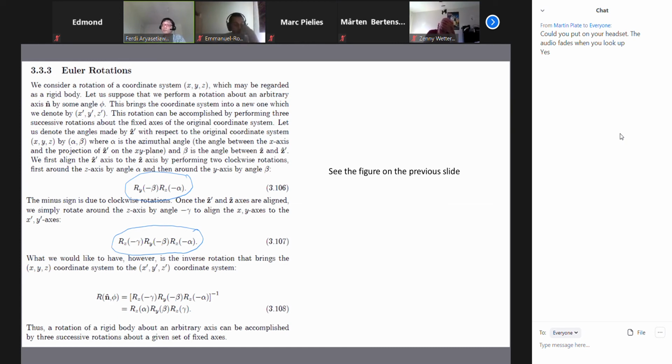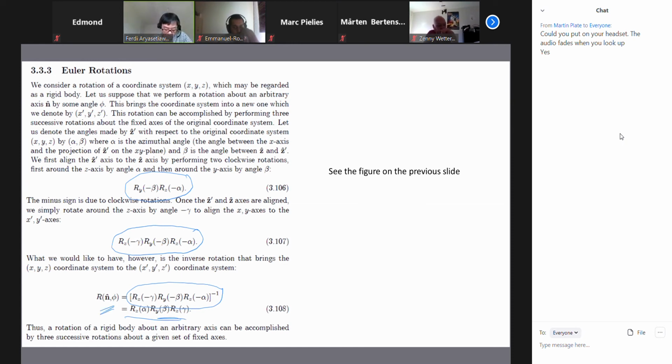But what we want is to rotate the original axis to the primed axis. But these are just the inverse rotation. Yes, so we take the inverse rotation, and that is then just given by this here.